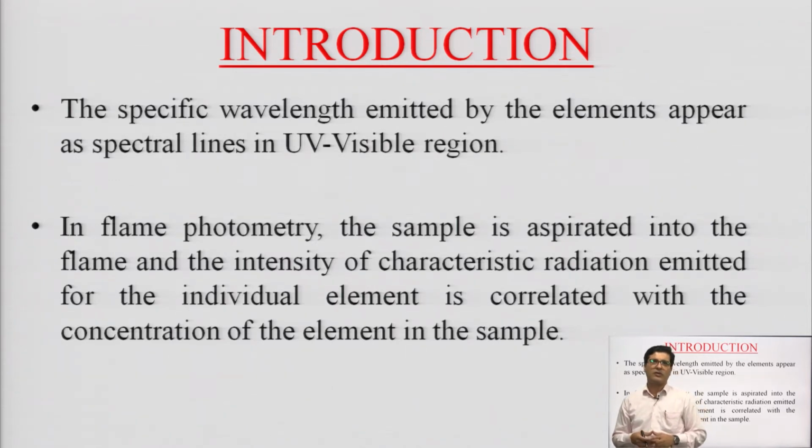In flame photometry, the sample is first aspirated into the flame, and the intensity of the characteristic radiation emitted by a particular element is correlated with its concentration in the sample.